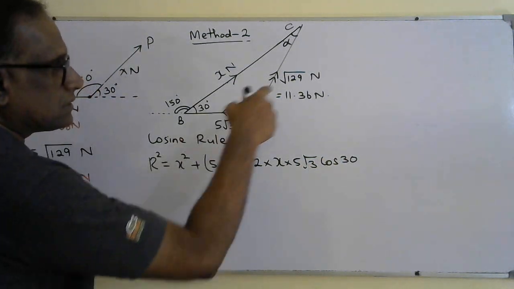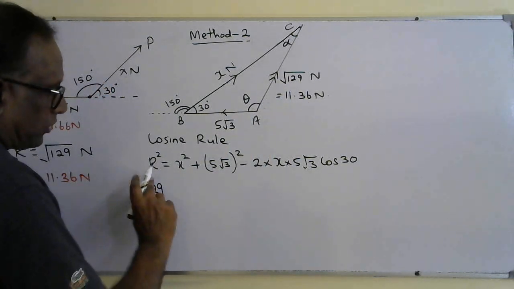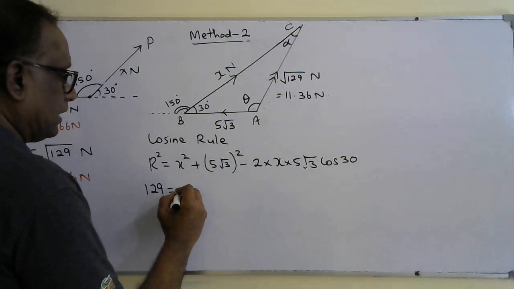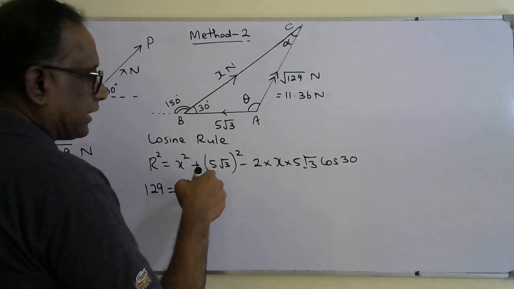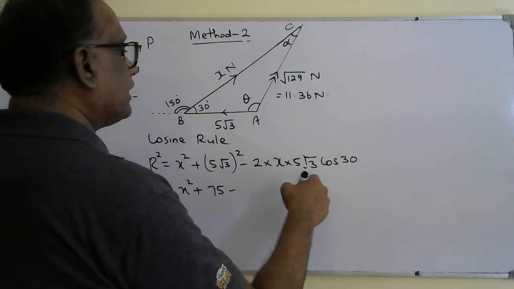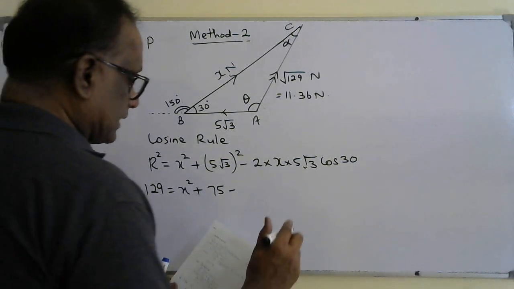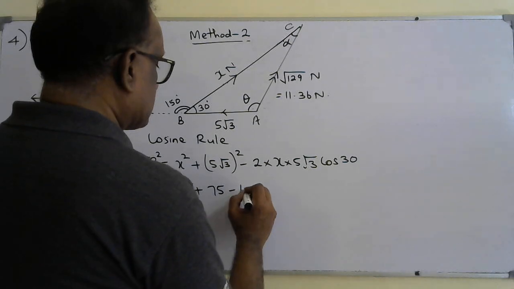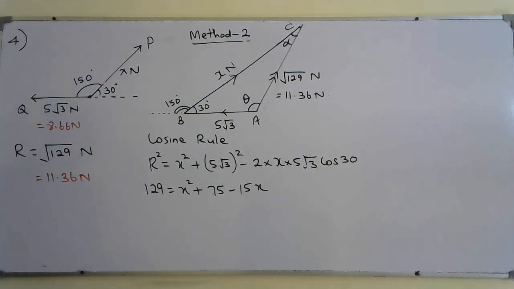So r squared is 129, equal to x squared plus 5 root 3 all squared, 25 into 3 is 75, minus 2x times 3 cos 30. So if you solve it, you will get minus 15x. Check it, minus 15x, you will get it.